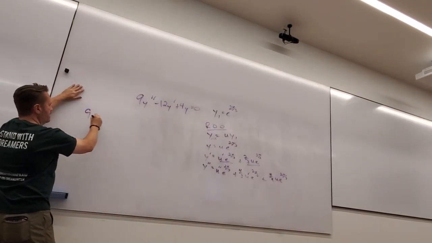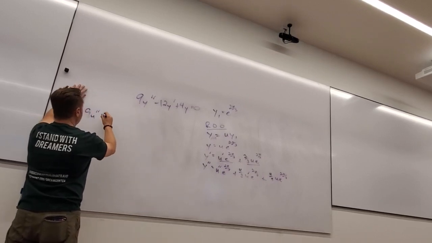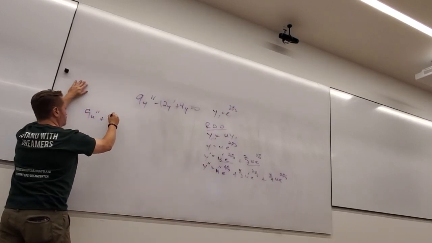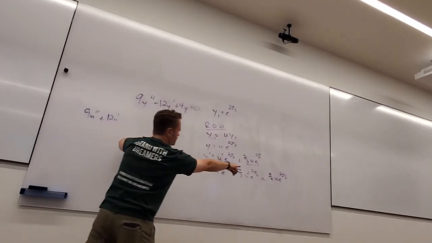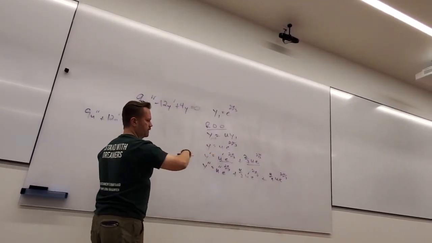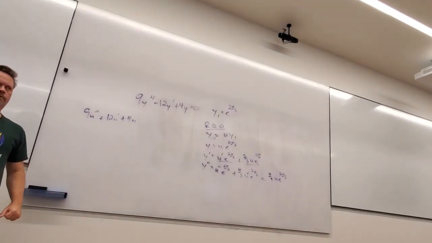I'm not gonna write it, it's gonna cancel out. So I'm just gonna do 9 u double prime. What's 9 times 4/3? 12 u prime. And then what's 9 times 4/9? 4. Is that cool? Just not writing the e to the stuff. Okay, I like it.